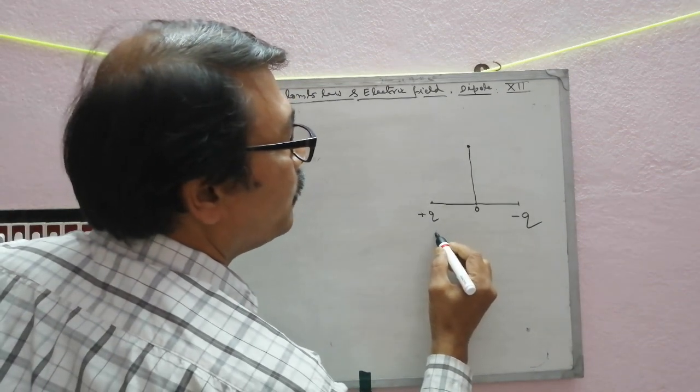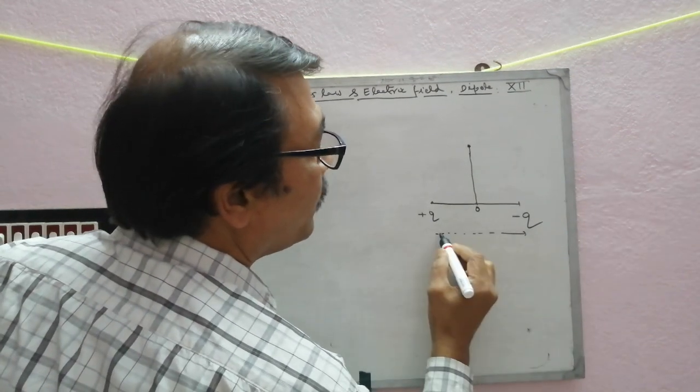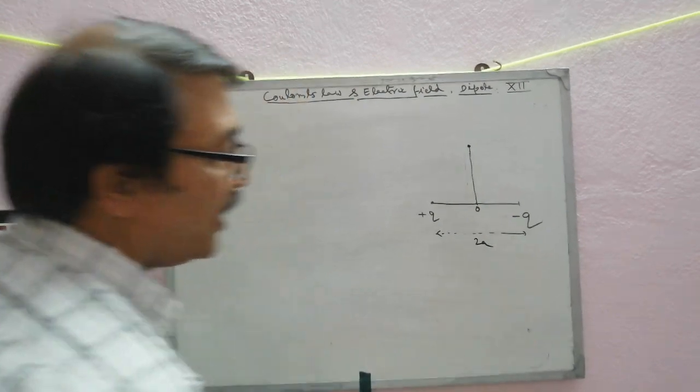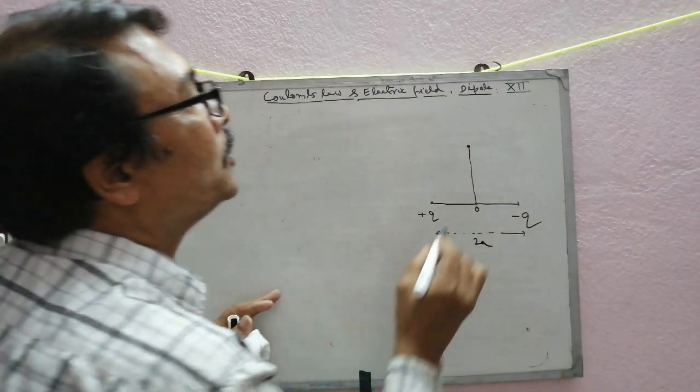The distance between the two charges is the axis of the dipole.